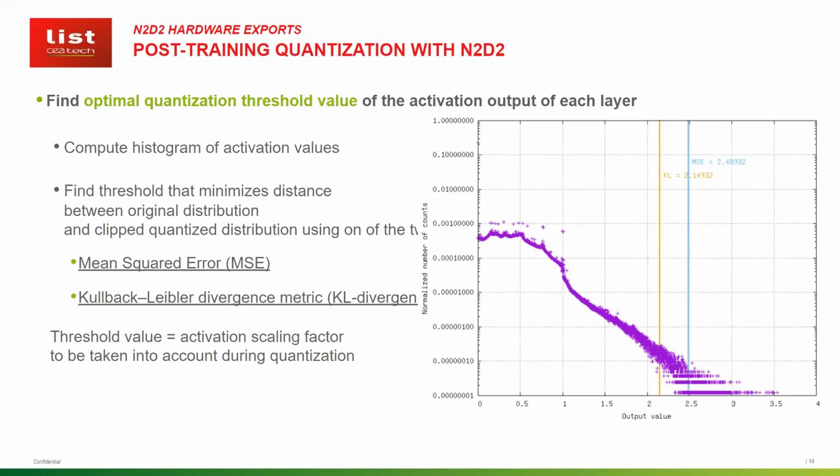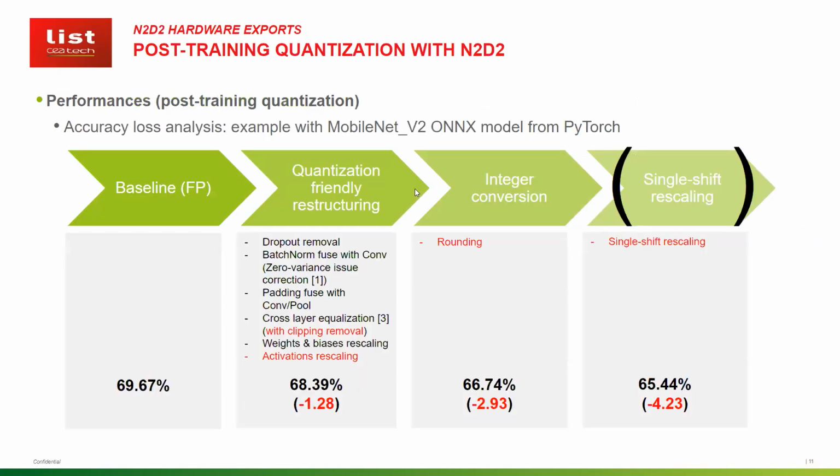Afterwards, we need to find a threshold that minimizes the distance between the original distribution in full precision and the quantized distribution, by using one of 2 methods, either the mean squared error or a KL divergence algorithm. The threshold value would be our activation scaling factor, which we have to take into account during the quantization. So we can move to the next slide.